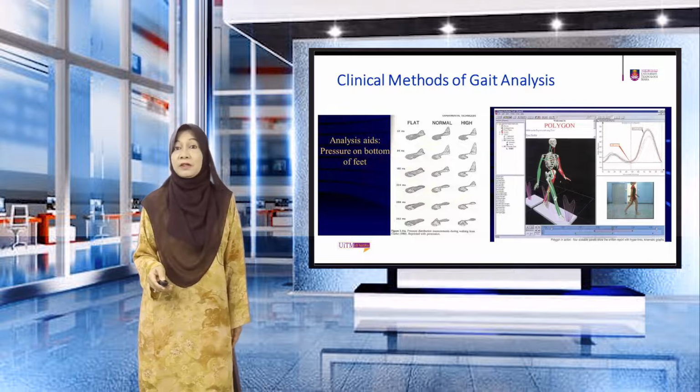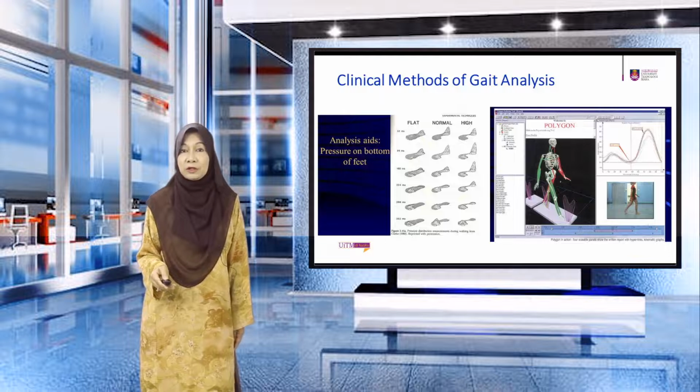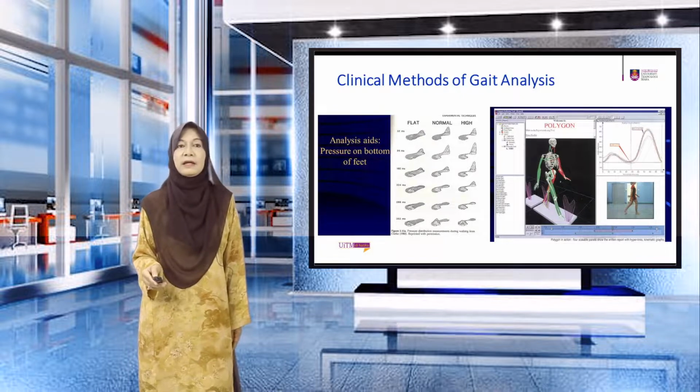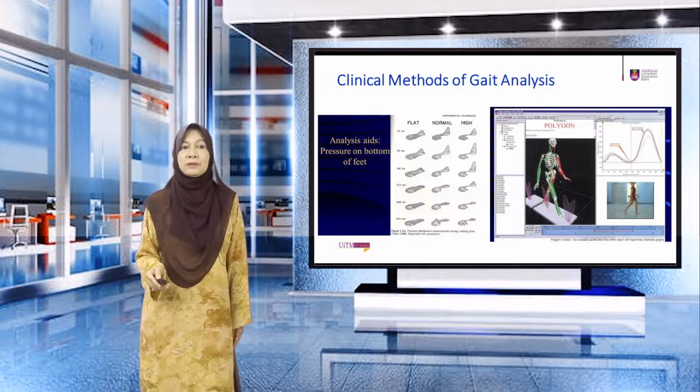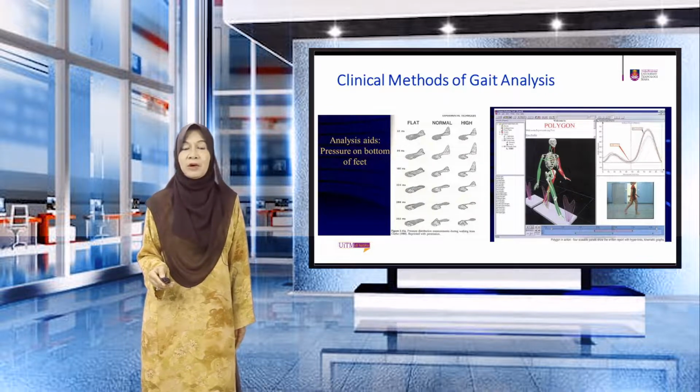On the right hand side is the laboratory experimental setup based on the polygon and 3D kinematic and kinetic analysis. It can be a combination of kinematic and kinetic as well.